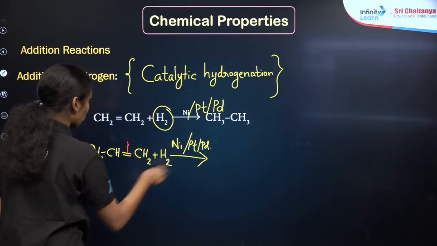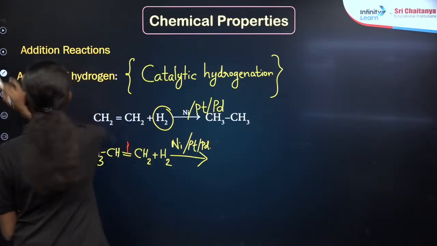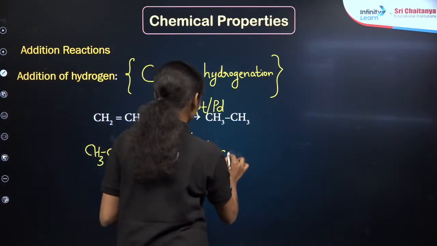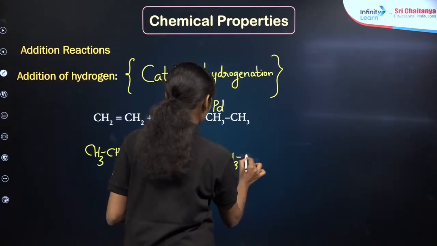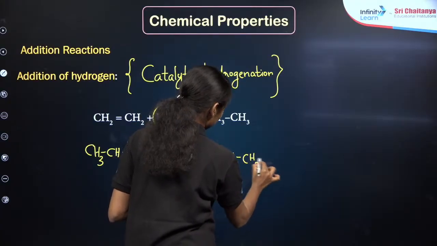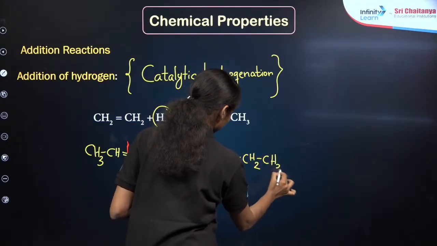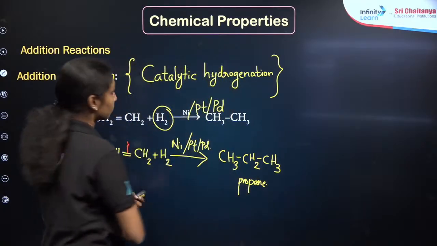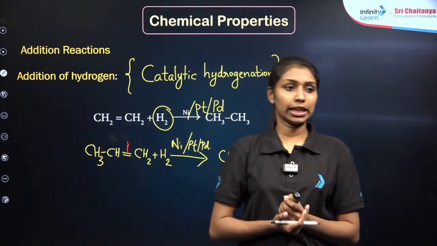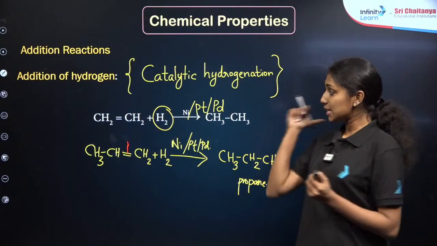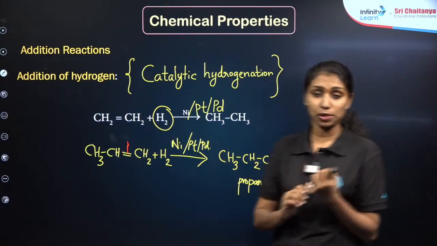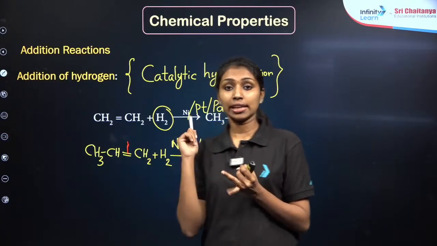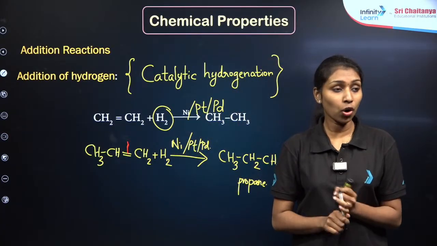This bond breaks and two hydrogens come here, so the product will be CH3, CH2, CH3, that is propane. So this is an important method used for the preparation of alkanes as well as in the chemical properties of alkenes. I hope it is clear.